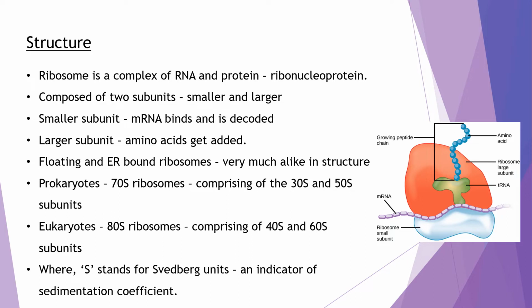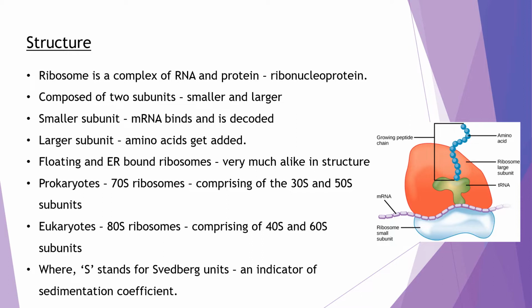Similarly, in the eukaryotes, we have the 80S ribosomes, which comprise the smaller 40S subunit and the larger 60S subunit.